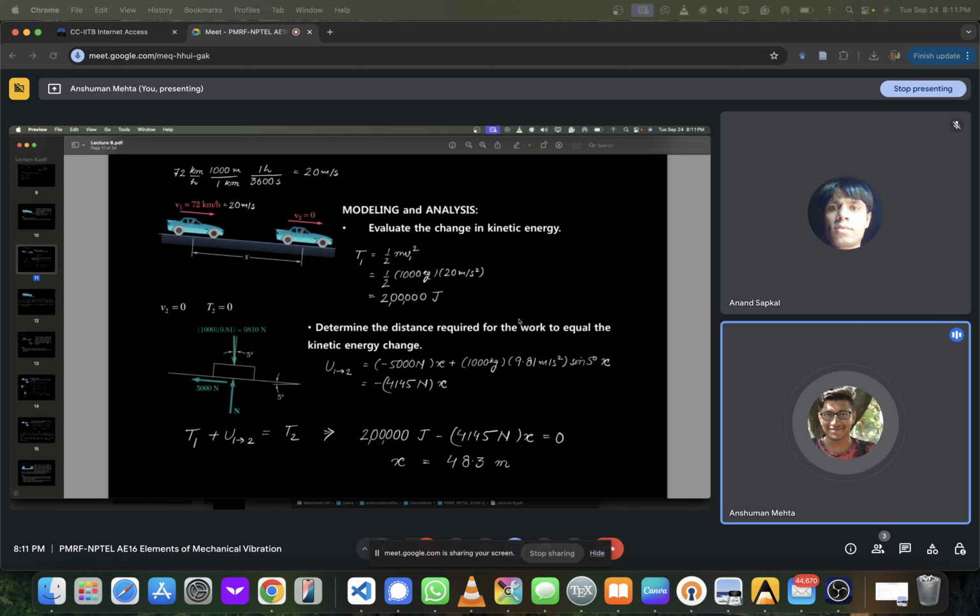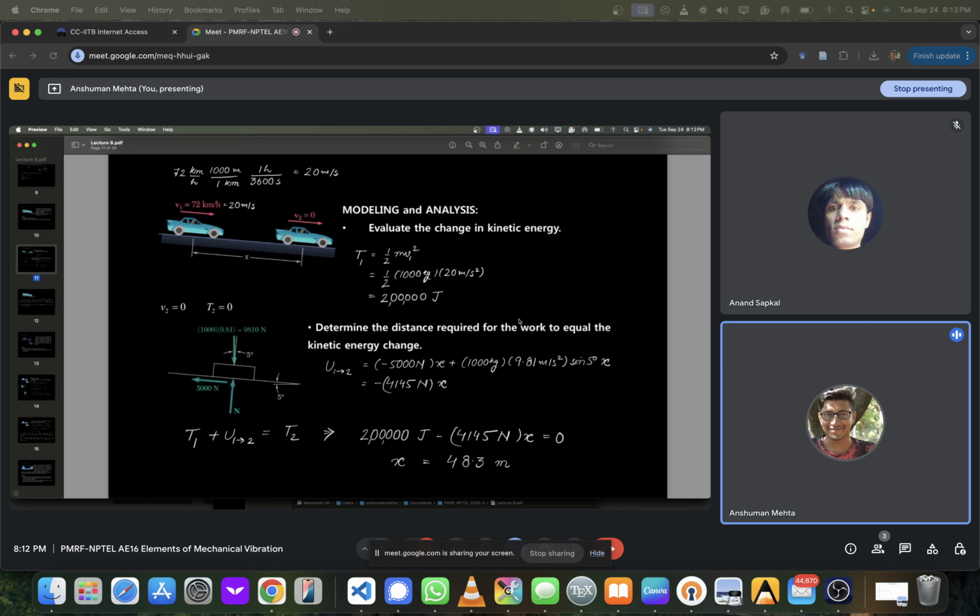Now since V2 is 0, hence T2 is also 0. Now finding the distance required for the work to equal the kinetic energy change. For that we have to find U from 1 to 2. So here we have to find the force.